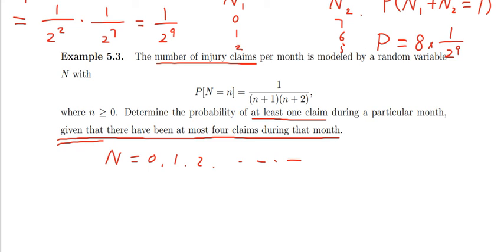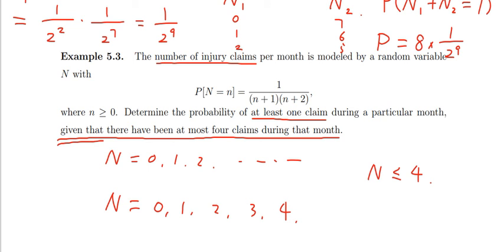So this condition is N less than or equal to 4, right? So under these conditions, N can be 0, 1, 2, 3, 4, right?